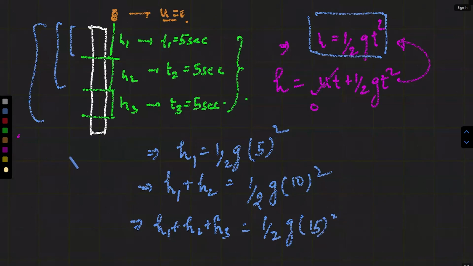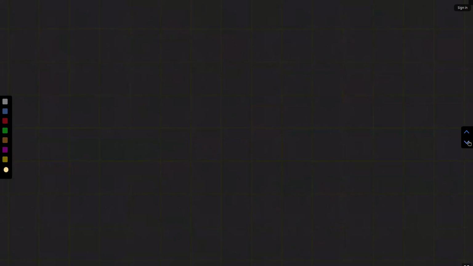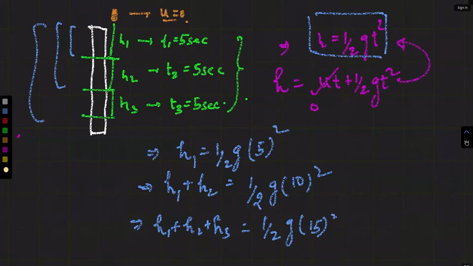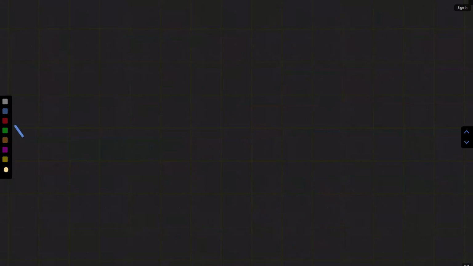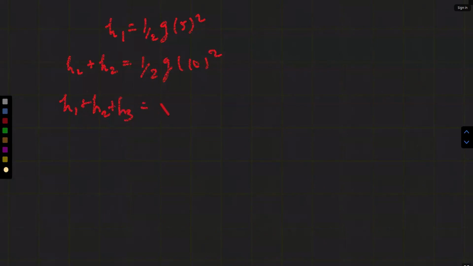Let's solve it a bit. 5, 10, 15. So h1 is equal to half g into 5 square. h1 plus h2 is half g into 10 square. h1 plus h2 plus h3 is equal to half g into 15 square.